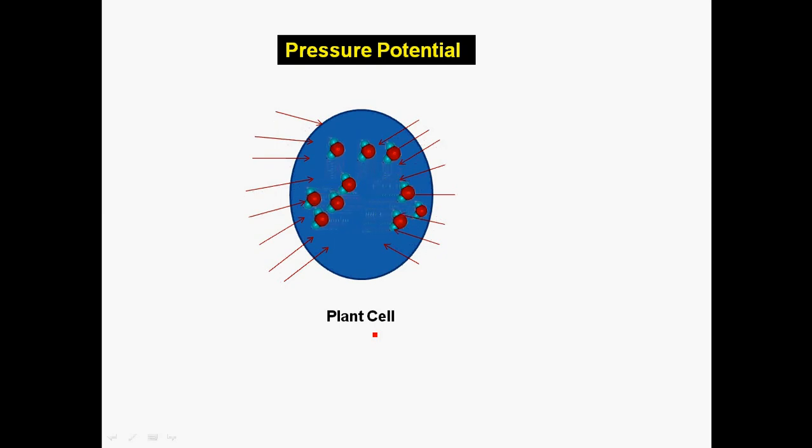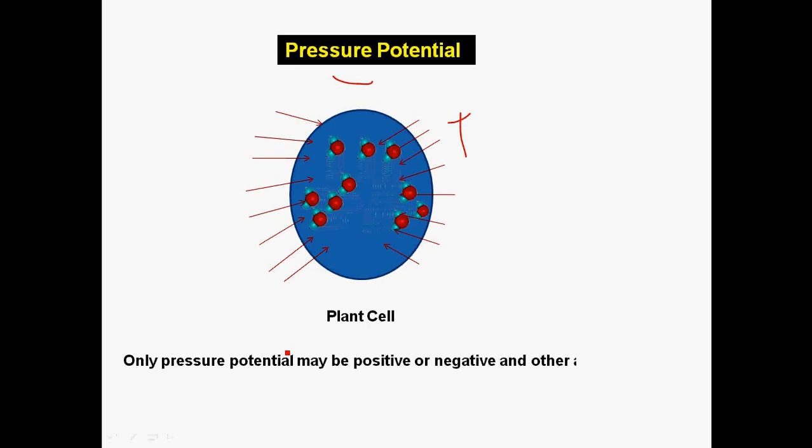In this way, the pressure potential usually has a positive value, but sometimes it has a negative value when the concentration inside is very high, and at that time the cells shrink.